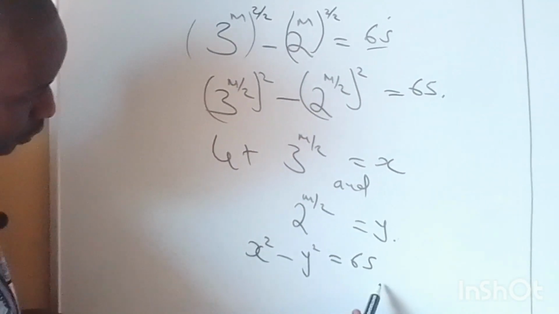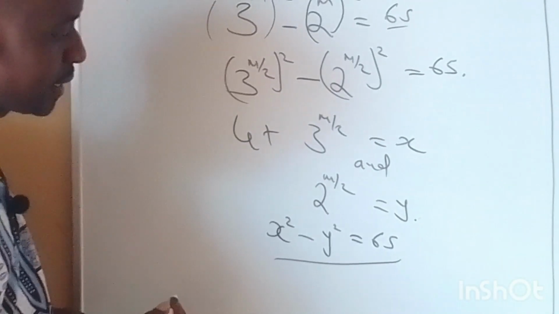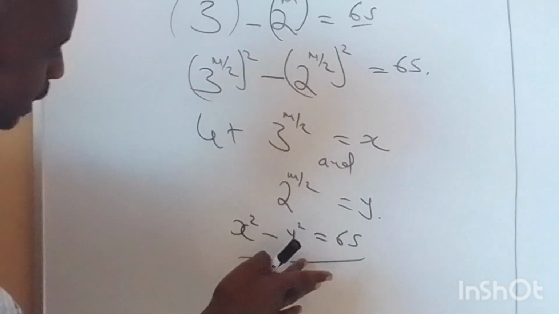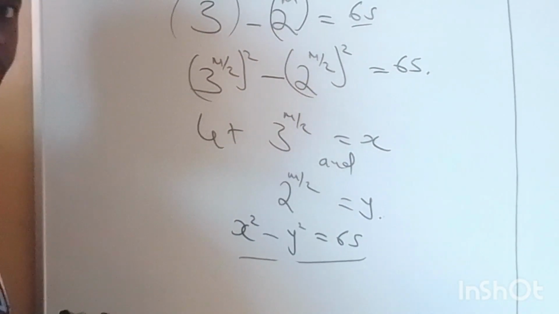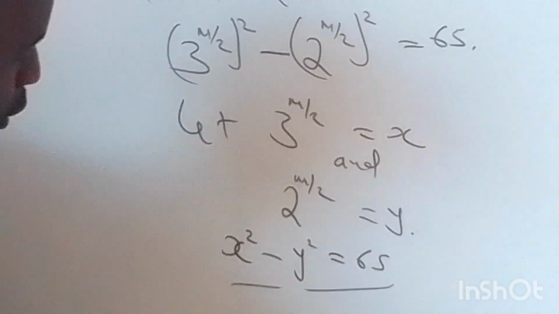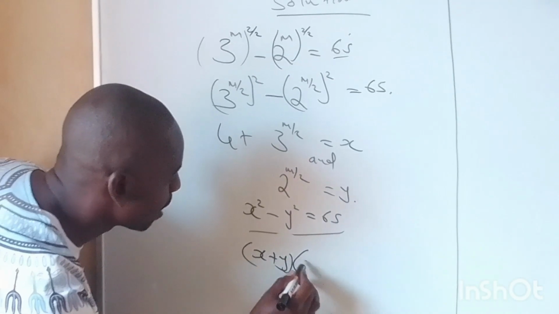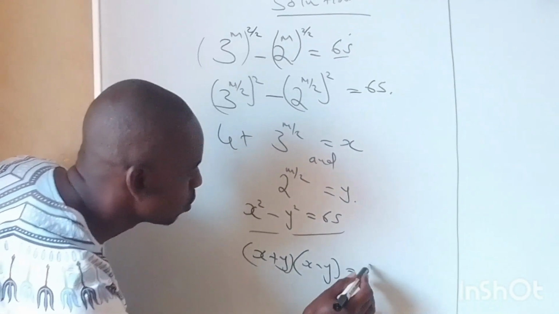So when you look at the equation that we have, this is a difference of 2 squares. So when you look at the identity of expansion, we can expand this as x plus y multiplied by x minus y is equal to 65.